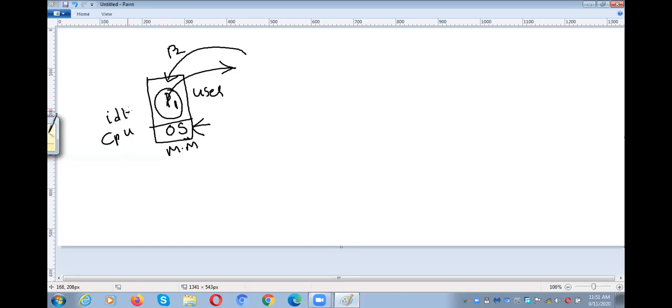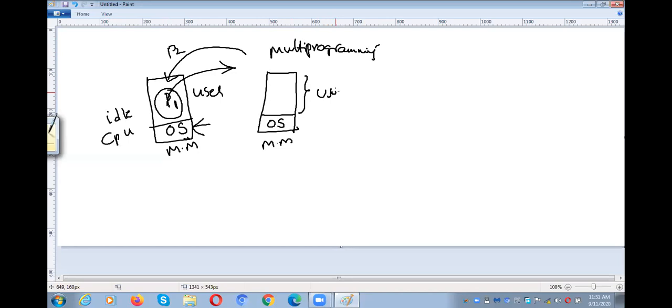Idle. So in order to avoid this problem, we go for the second type of operating system, that is multi-programming. In multi-programming, what do we do? Here also we divide the main memory into two parts, operating system and the remaining portion for the user area. But here we divide the user area into blocks so that we can keep multiple processes in the main memory, not a single process.